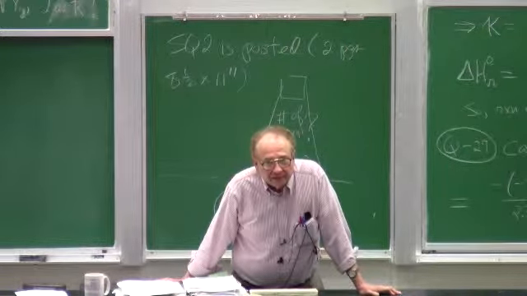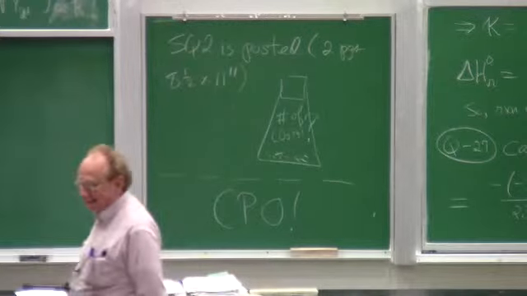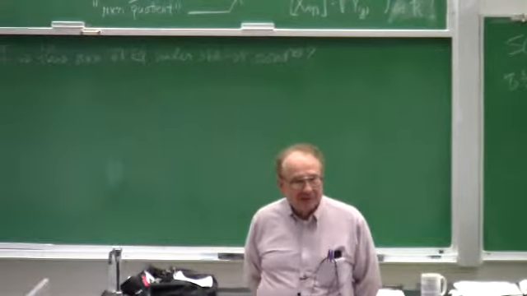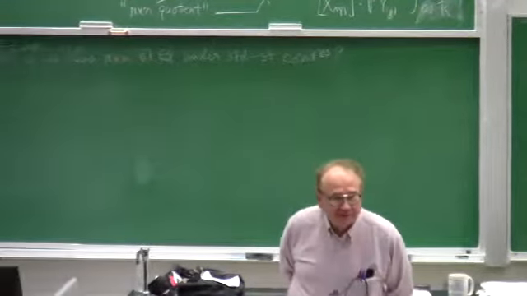From the circle star equation. We can't use that. I erased it. And the answer is not from the circle star equation. But that's all right. You responded. You would set delta H°R equal to T delta S°R, right?